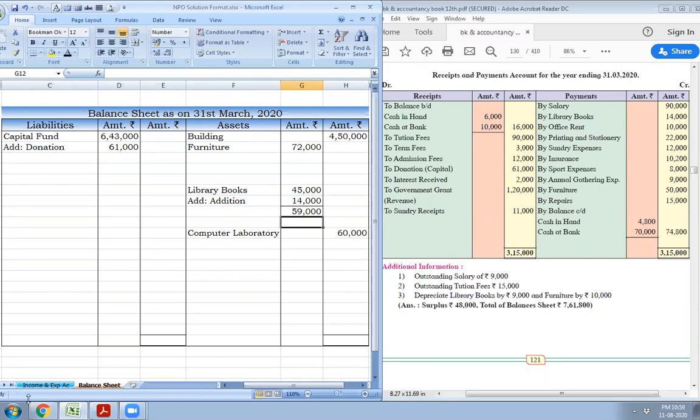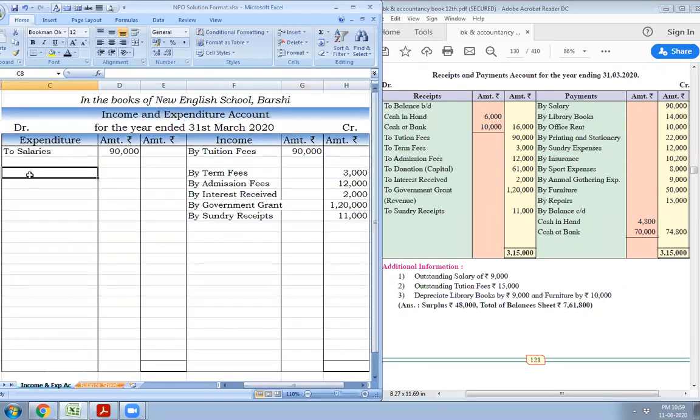Next item, office rent expenditure side, to office rent amount rupees 10,000. Printing and stationery expenditure, to printing and stationery amount rupees 22,000.